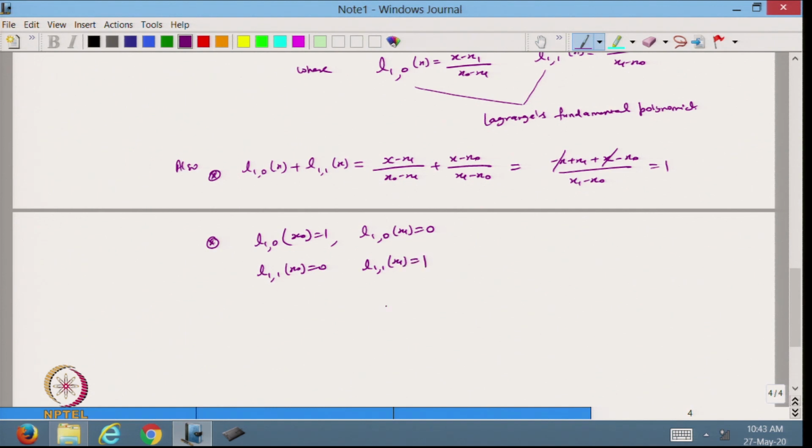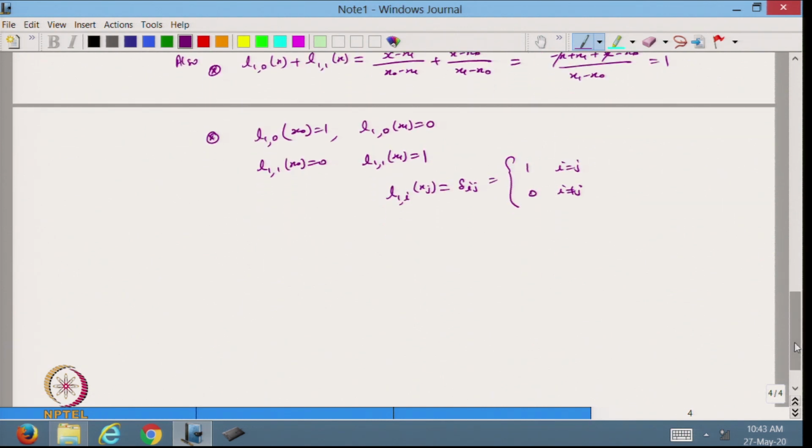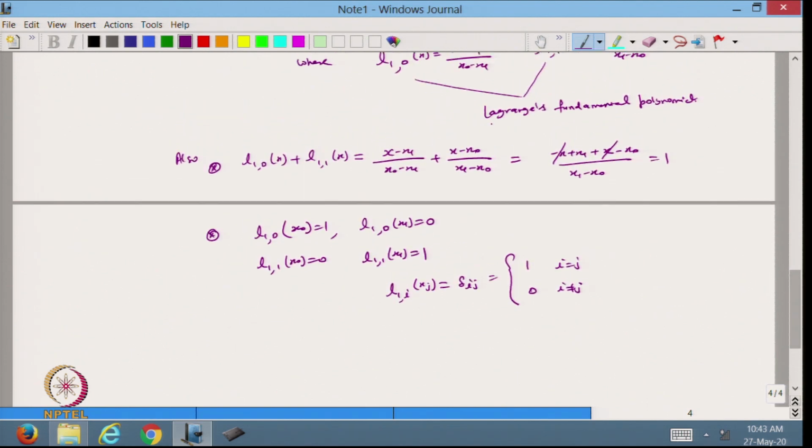So, from here I can write that any Li, talking about the linear only, Li(xj) is equal to delta ij. That is equal to 1 when i is equal to j and 0 when i is not equal to j. So, that is the expression for the Lagrange fundamental polynomials. These are the properties we have to keep in mind.